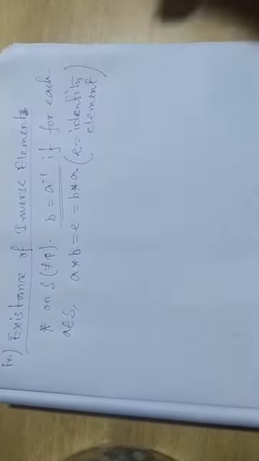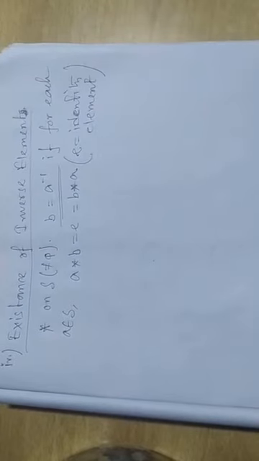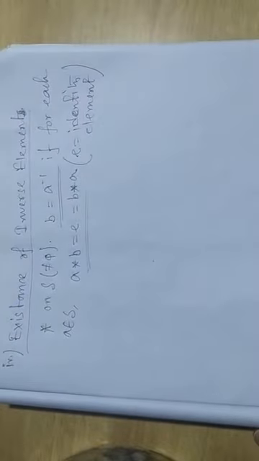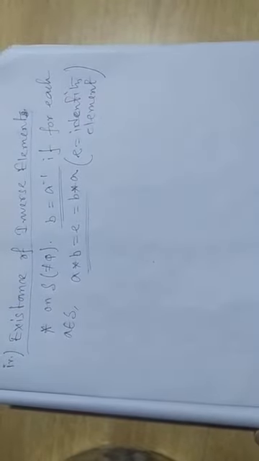So clearly, to find the inverse element, first of all we have to find the identity element E. After that, putting the value of E in this equation, we can solve the equation for B.